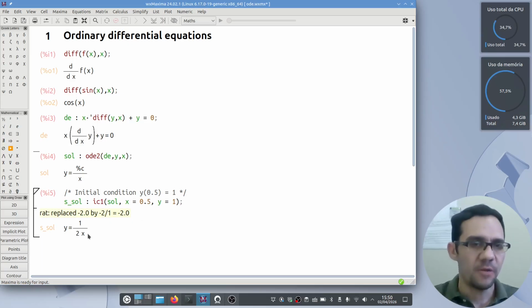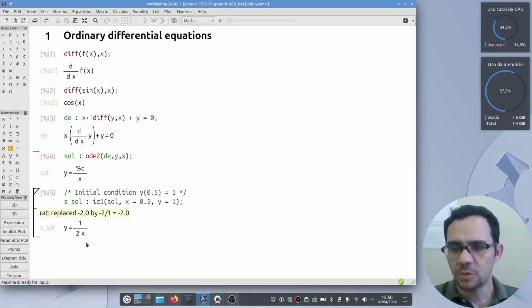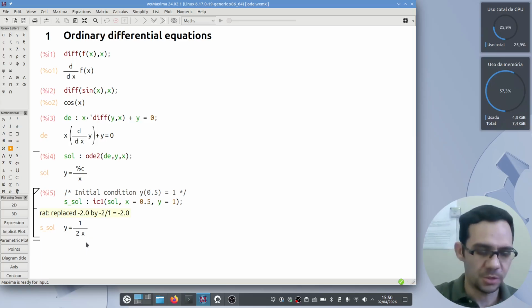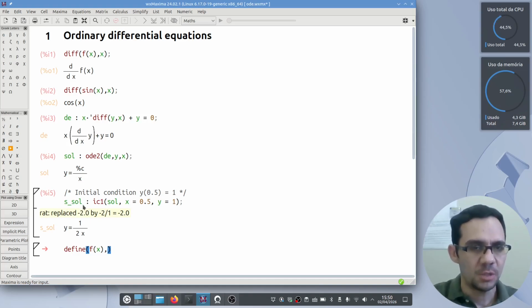And with this, we can, for example, construct a function so that we can compute values of this function. In order to do so, we are going to use define, and let me say that the function is f of x, and this is this specific solution that I have called S underline so.